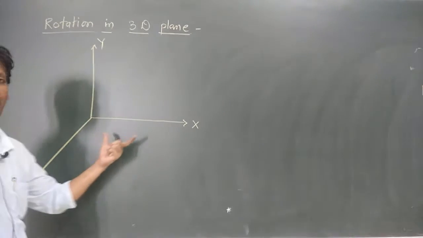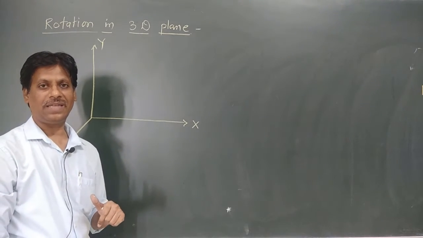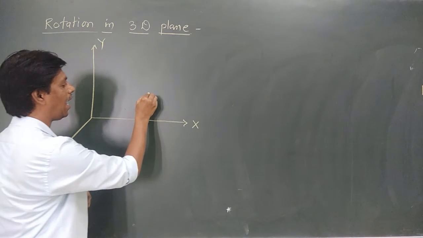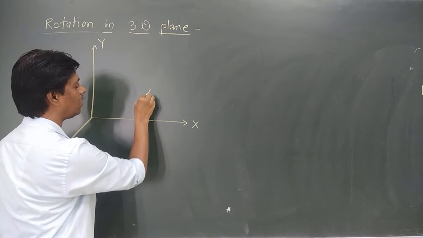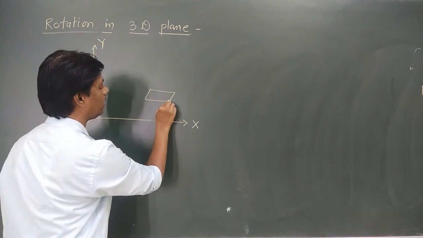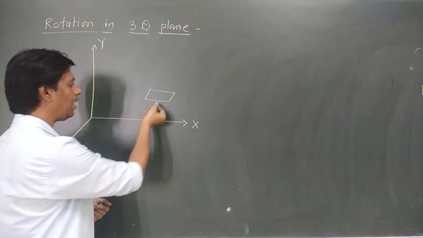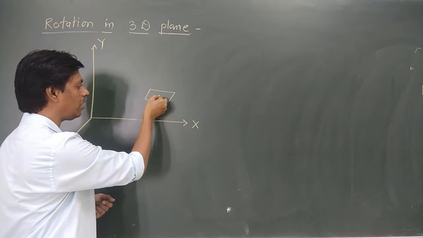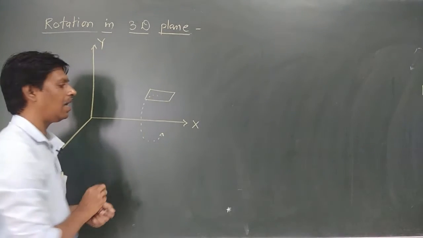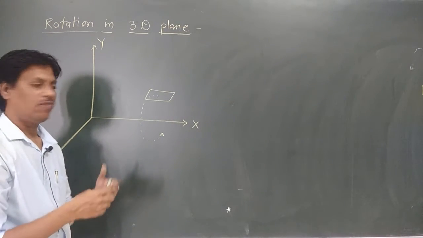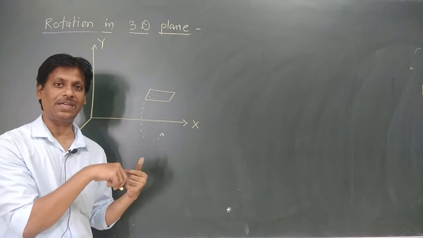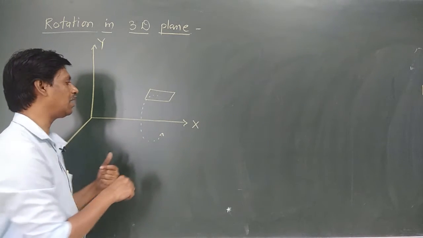Now if you want to take a rotation about the x-axis, and suppose there is some object given in the three-dimensional plane, then we want to rotate that object about the x-axis. That means we have to consider that the x-axis is the center of rotation, and about that x-axis we have to rotate the object.